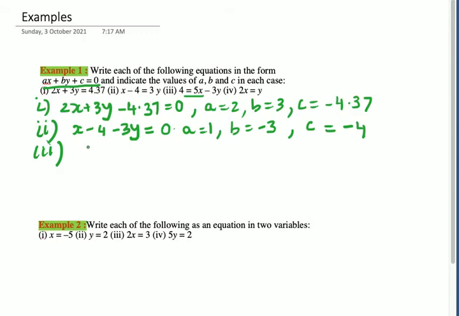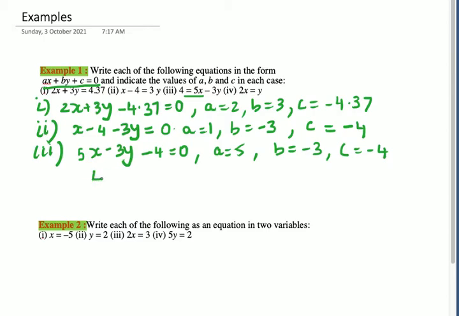So suppose we move to the left side, it will be 5x minus 3y minus 4 equal to 0. In this case, a becomes 5, b becomes minus 3 and c becomes minus 4. You can do this the other way also.